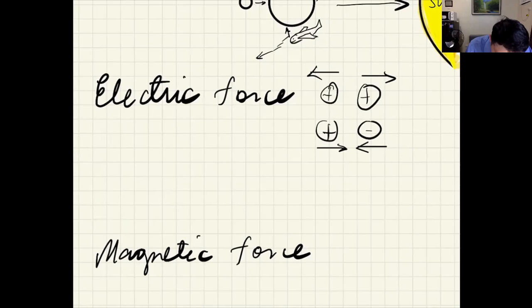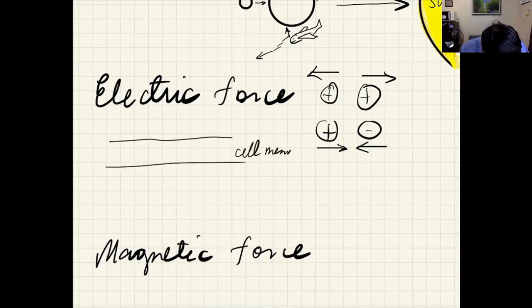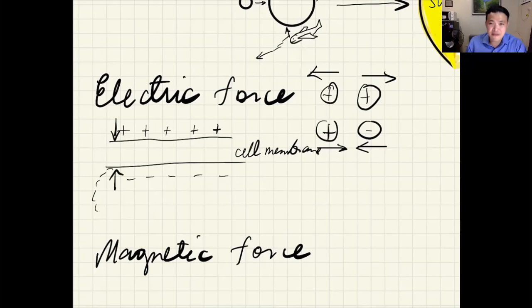So let me draw it. So let's say this is your cell membrane. Let's say the outer part of your cell has a lot of positive ions. And then in the inside part of your cell, let's say you have a lot of negative ions. Now there's an attractive force. The force is attractive because one part is highly positive and the other part is highly negative.